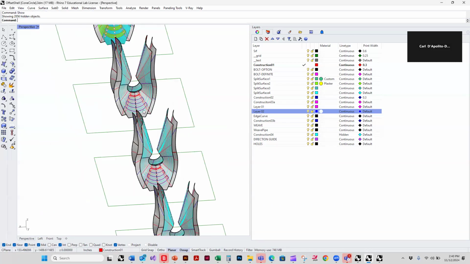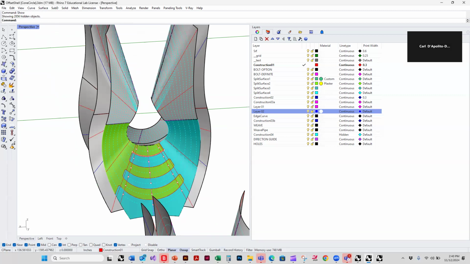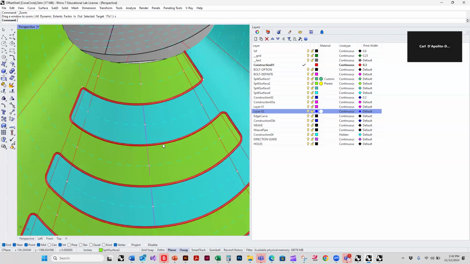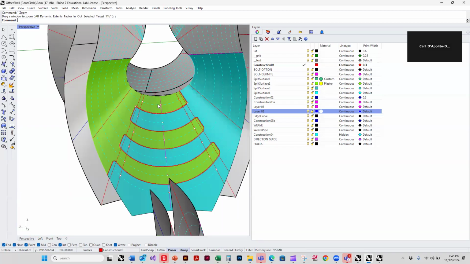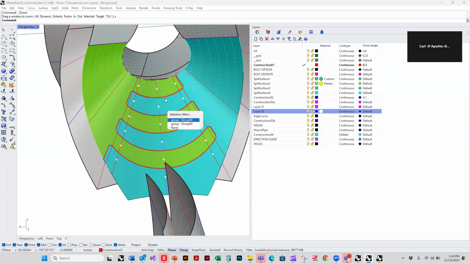So what I ended up doing is, after I made this, I piped it with like a millimeter of thickness, and split it out of both surfaces. Then I manually marked all these points.